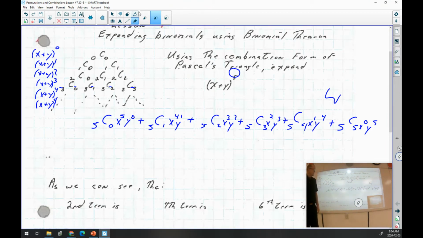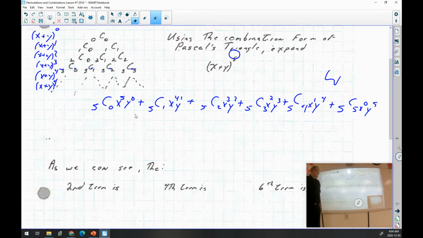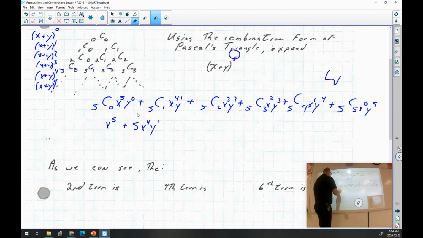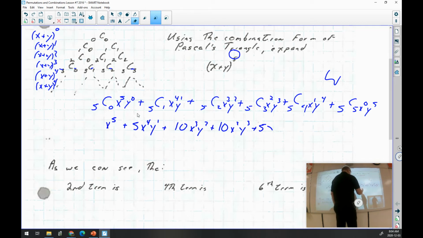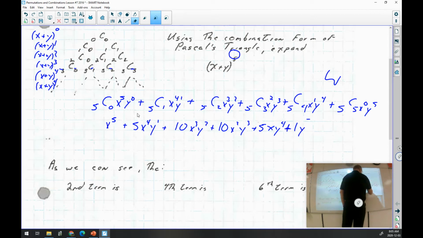Now we haven't finished it because we have to figure out what 5 choose k is. So this is going to be 1 x to the 5th plus 5 x to the 4th y to the 1 plus 10 x cubed y squared plus 10 x squared y cubed plus 5x y to the 4th plus 1 y to the 5th.